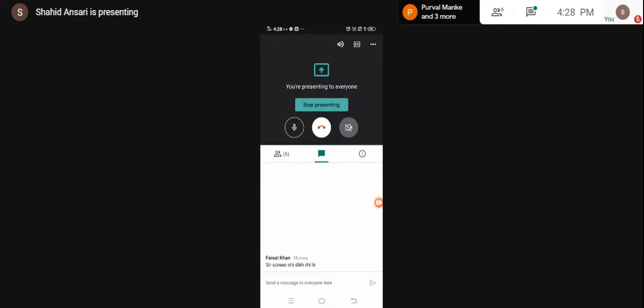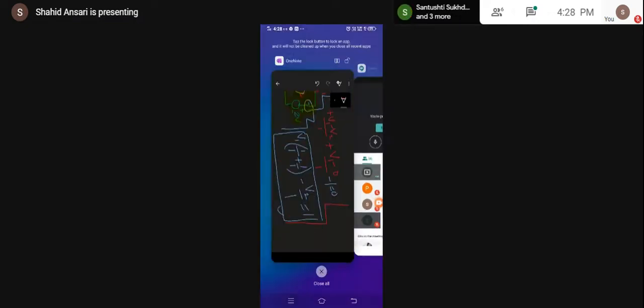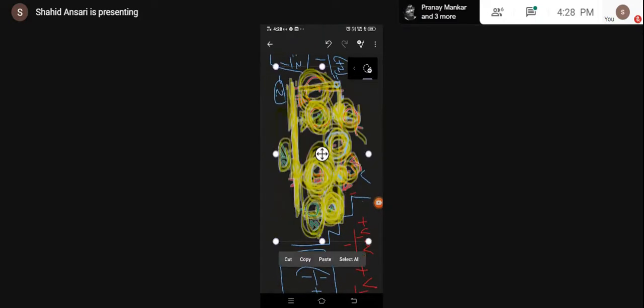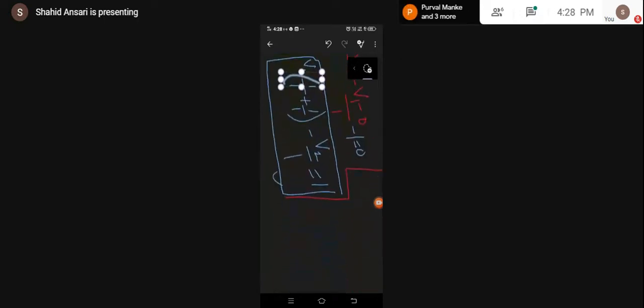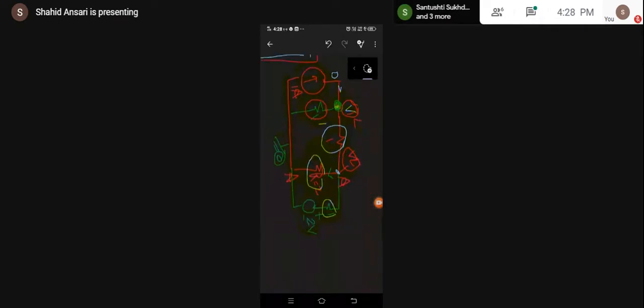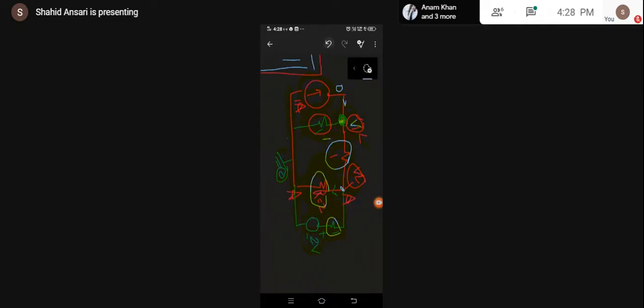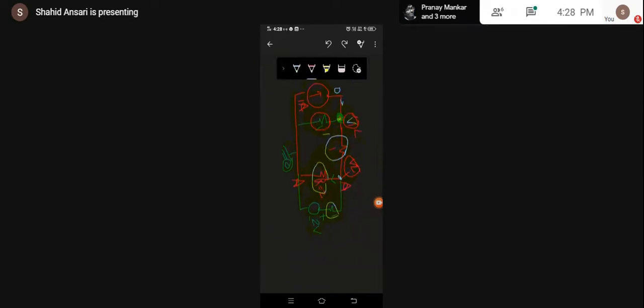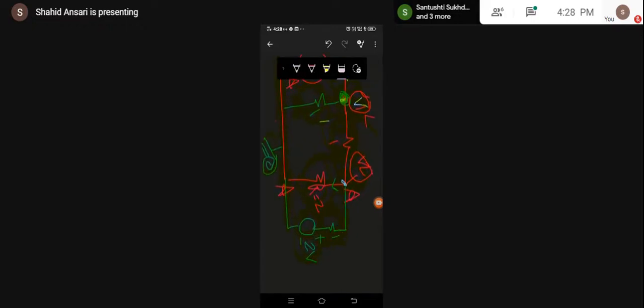How can you write it directly? Look at this. I have already considered here that this is your node voltage V1, and this is your node voltage V2.